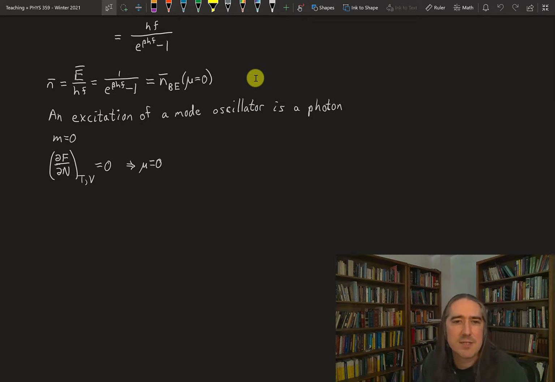One last thing I want to say before we move on: the idea of quantizing the harmonic oscillator so that you have a specific energy for one excitation, and then you can count how many excitations you have. This is, in some sense, historically how Planck started the whole quantum revolution. The way he described this was as an act of desperation.